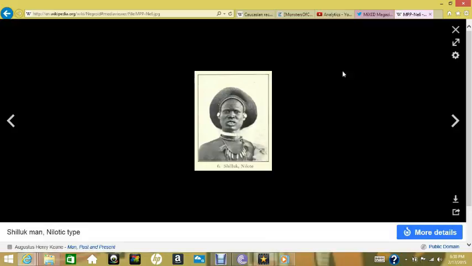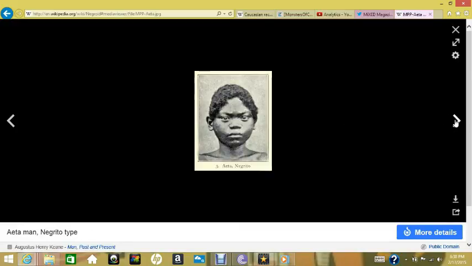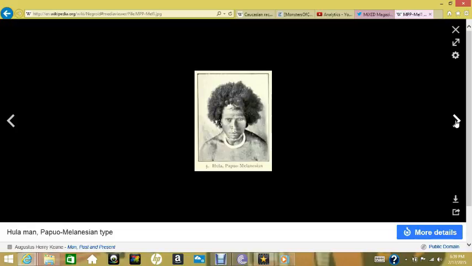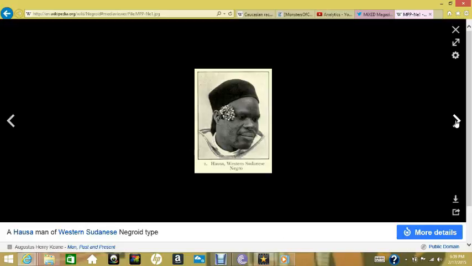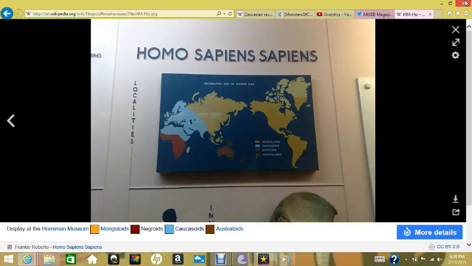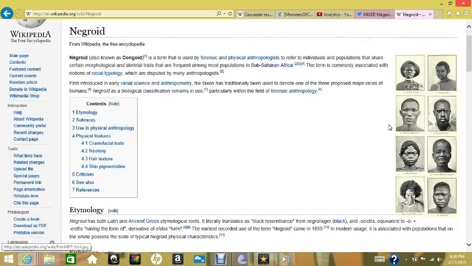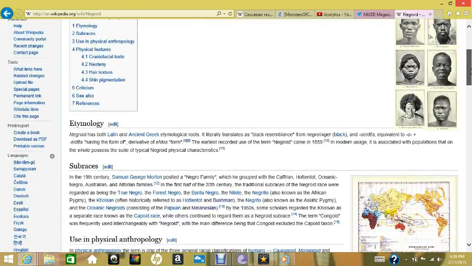Negrito, Mande, Pygmy, Hamitic, Nilotic, Sudanese Negro, Zulu, Bantu, Negroid. You see this right here, man. You got to have the eight different shades in order to be black.